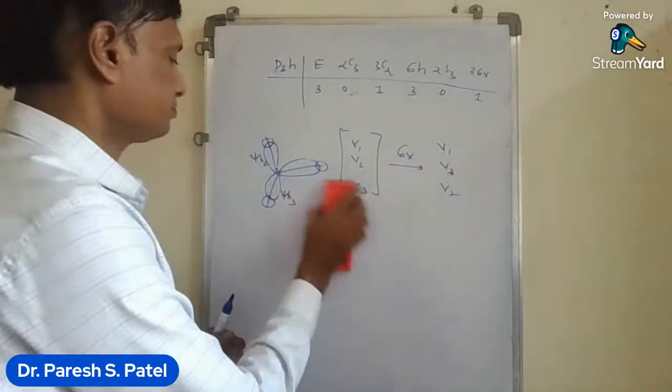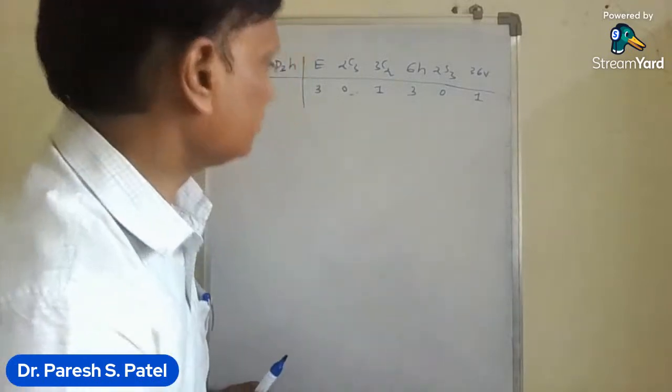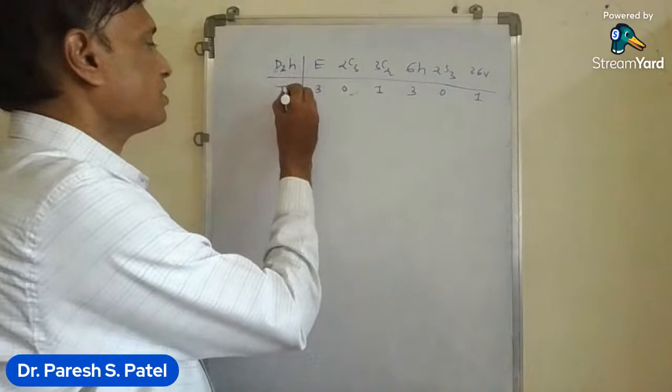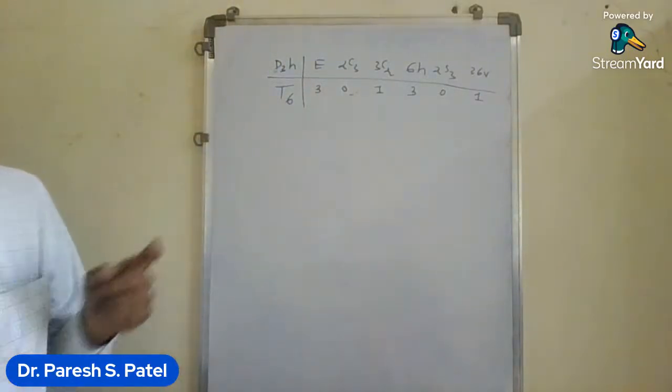Now this is the reducible representation, or we can say gamma sigma.